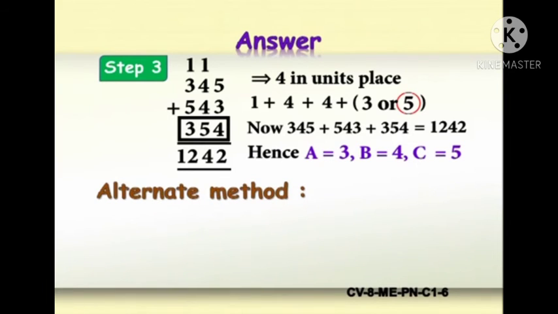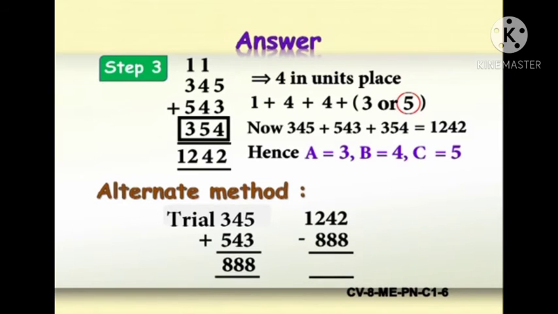Then ABC plus CBA is equal to 345 plus 543, which is equal to 888. Now 1242 minus 888 is equal to 354. Hence, the third row is 354. Therefore, A is equal to 3, B is equal to 4, and C is equal to 5.